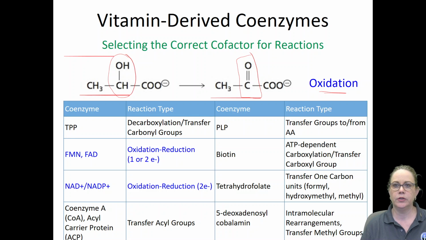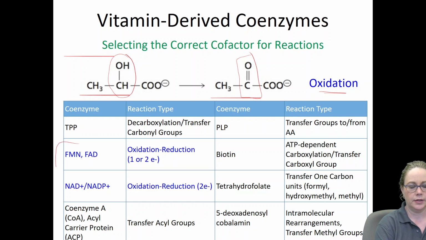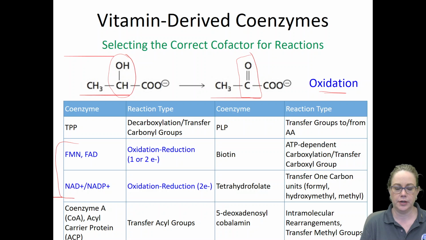Then what we'll do is select from our known coenzymes. Eight of them or so are shown in this table for you. We know our coenzymes that can catalyze oxidation or redox reactions are our flavo coenzymes, FMN and FAD, as well as our NAD+ and NADP+.